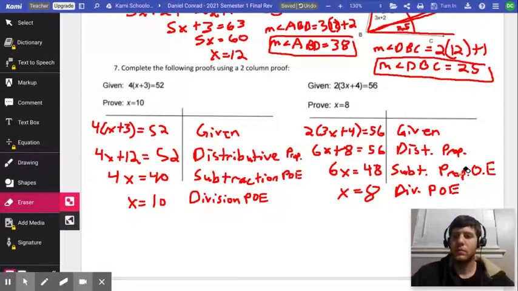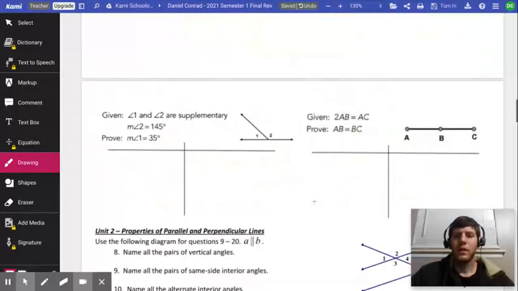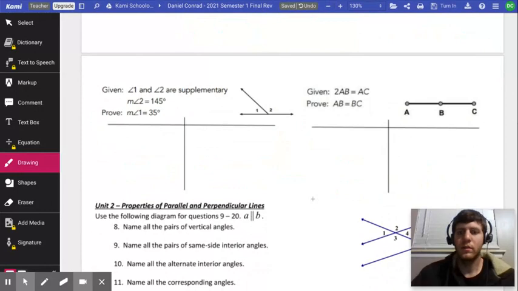Let me erase this. Property of equality. I think we got 2 more here on unit 1, topic 1. So basically, angle 1 and angle 2 are supplementary.